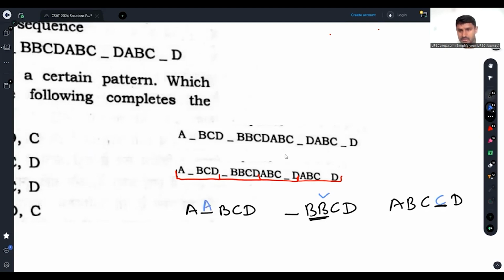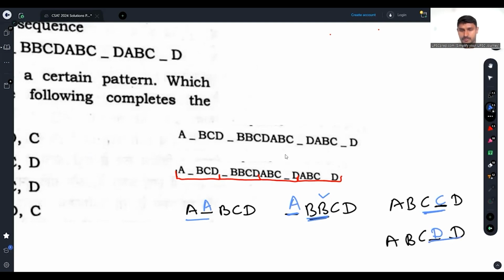And if I take the last group, यहाँ पे every group should start with A, so it should be A possible here, right? If I take the last group now, the last group is A B C dash D. So what does it mean? यहाँ पे we have repeated A, यहाँ पे we have repeated B, यहाँ पे we have repeated C, तो यहाँ पे we should repeat D, right?